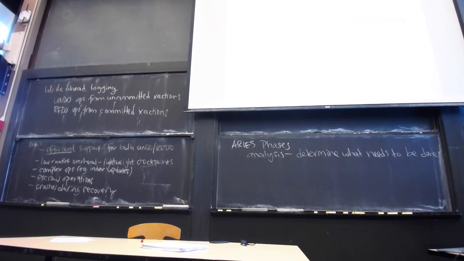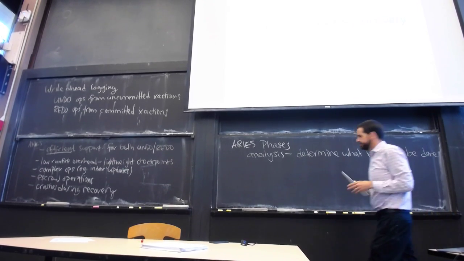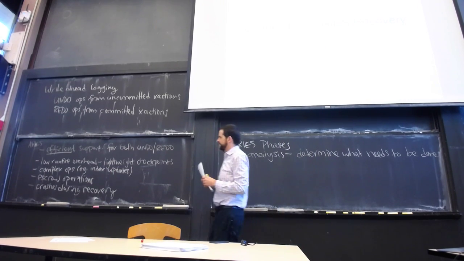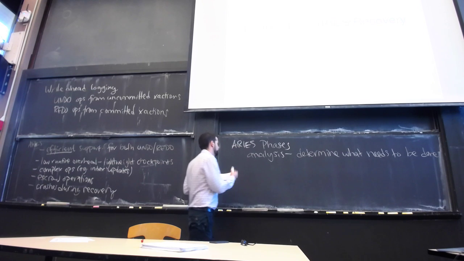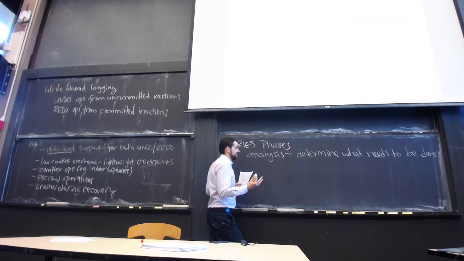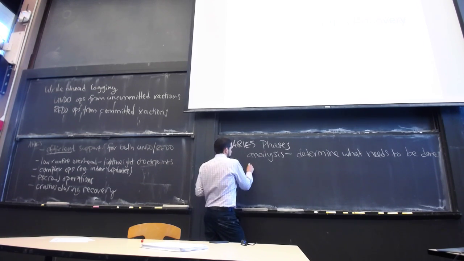It's a forward pass through the log, from the start of the log or an earlier part of the log to the end, in order to figure out what sort of work we're going to need to do during recovery. It's probably possible to design a system that combines analysis and redo together if you think about it, but they explicitly state it as a separate pass through the log.